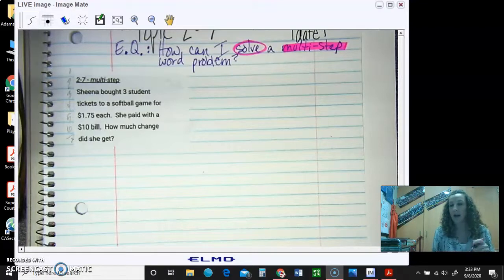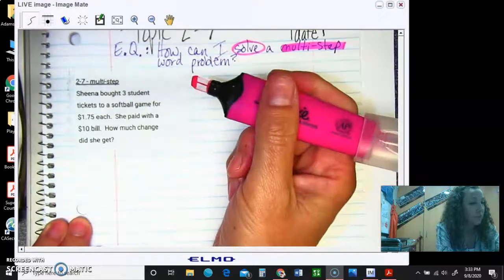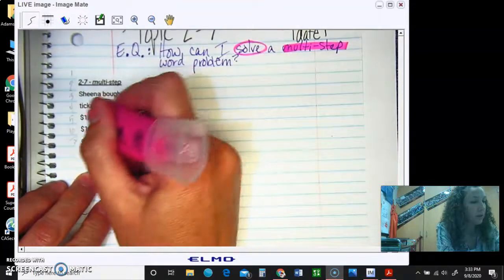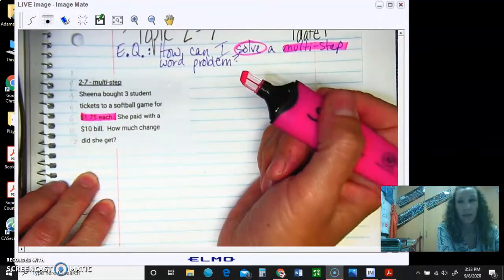Okay, so I'm going to analyze it now, one of our power words. I'm going to highlight, underline, and circle any key information, numbers or math terms. So let's see. We've got $1.75 each.